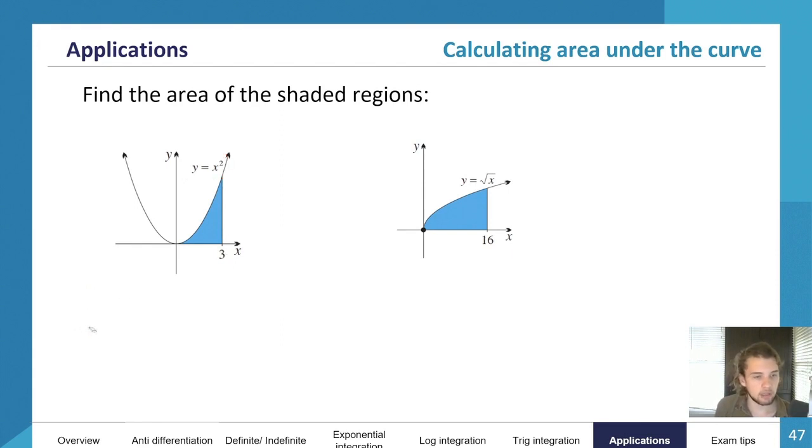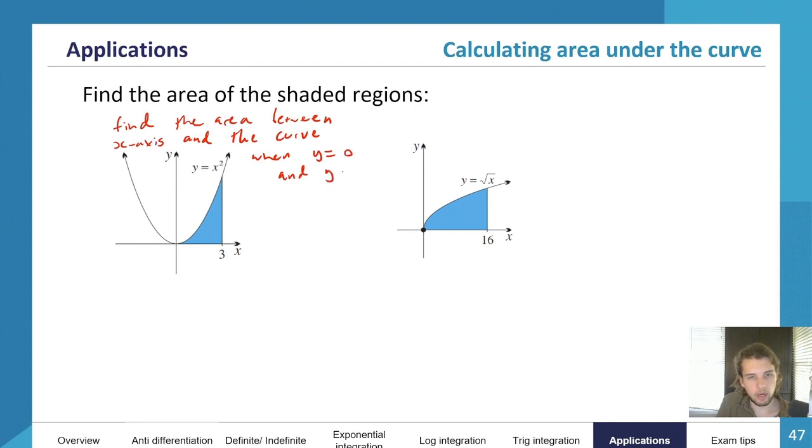You know what, let's actually do a little bit more of a complicated version of this question. Let's say it asks us to find the area between the x-axis and the curve when y is equal to 0 and y is equal to, let's say, 9.